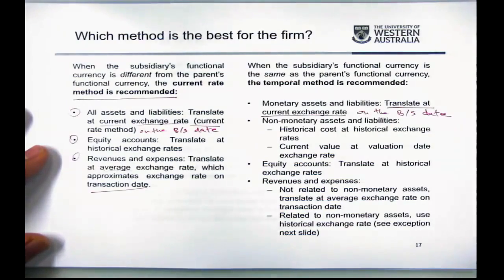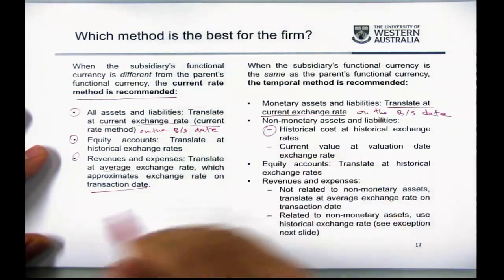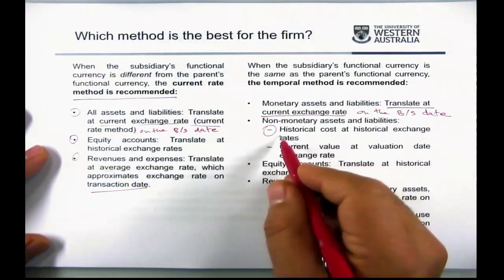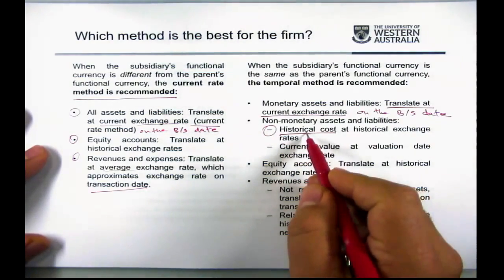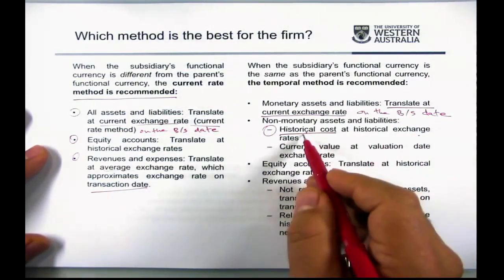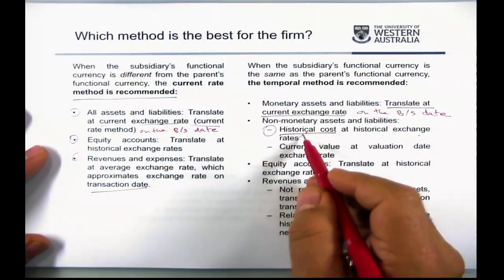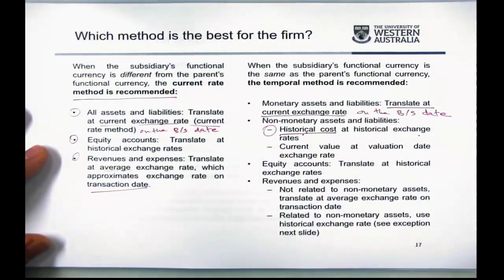And when it comes to non-monetary assets and liabilities, we use the historical exchange rate for items that are usually reported at historical cost. So historical cost at historical exchange rate. I'm talking about assets and liabilities that are usually reported at historical cost. If this is the case, we use the historical exchange rate corresponding to the date when these accounts arise.